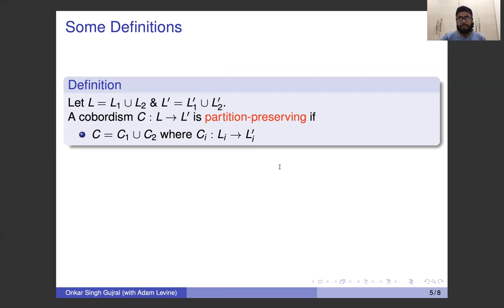Maybe this definition sounds a little convoluted, but on the next slide, we will see an example of this in the case that we actually care about.